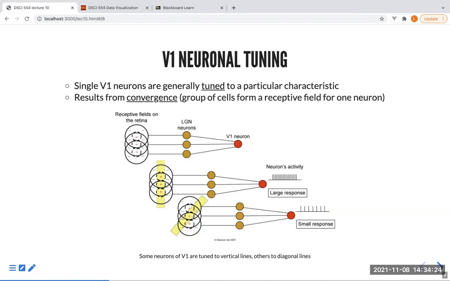So this process of integrating information is called convergence. You see that the information is converging toward this V1 neuron.